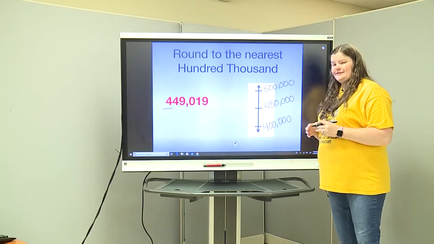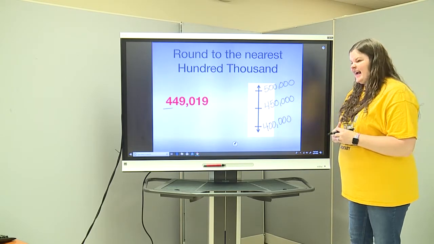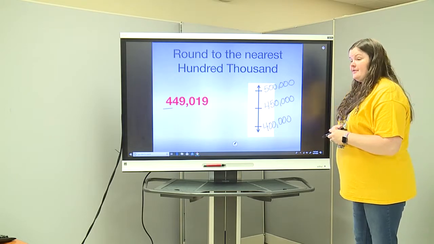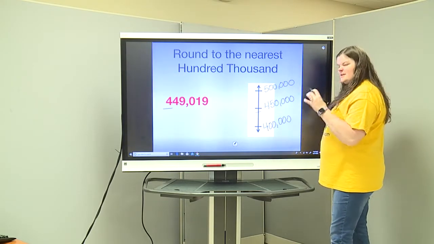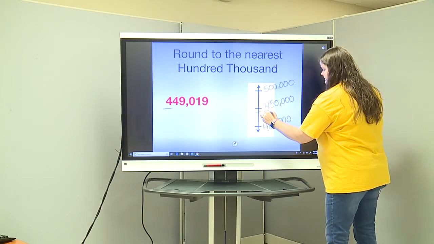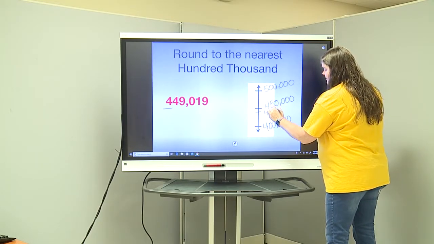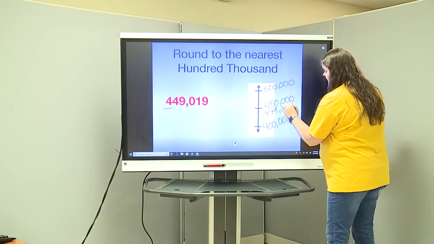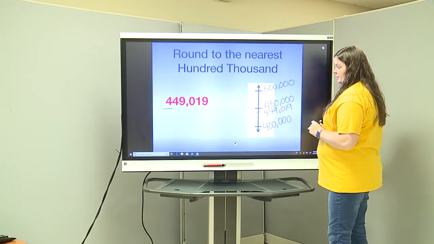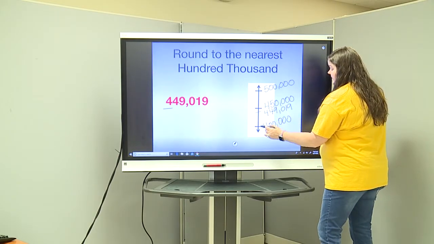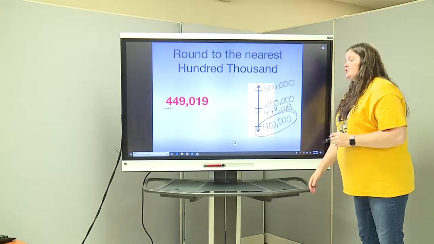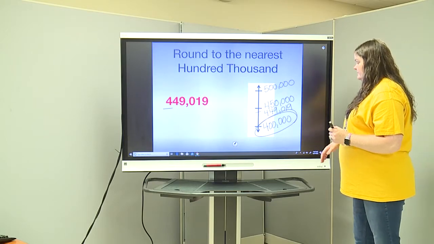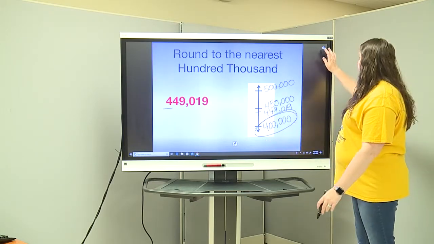Well, I know that 450,000 is just a little bit higher than 449,019. So on my number line, I would just come a little bit below that midpoint to put my number there. And we're just going to squeeze that in. It's pretty close to that 450,000. So if it's below the midpoint, it's going to round down to 400,000. So it's about 400,000.